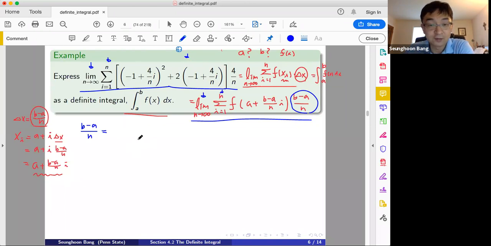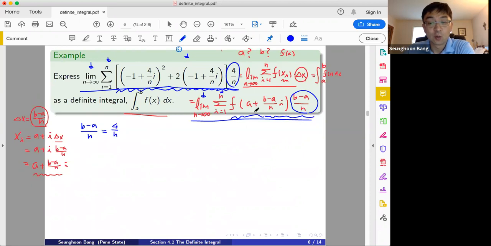Do you have any idea? The (b minus a) over n, you can compare the original one with this one. The (b minus a) over n is exactly here, 4 over n.